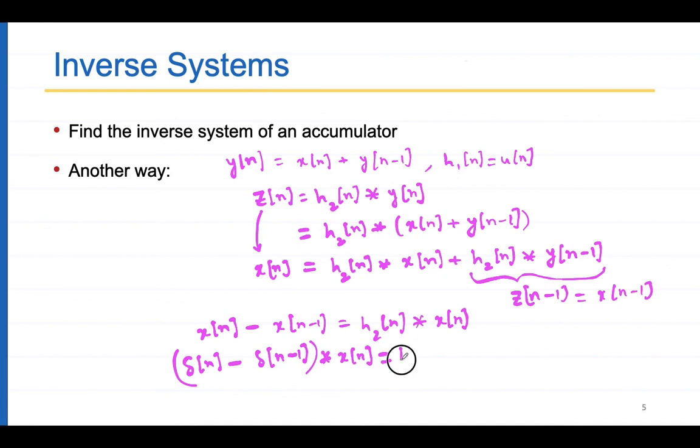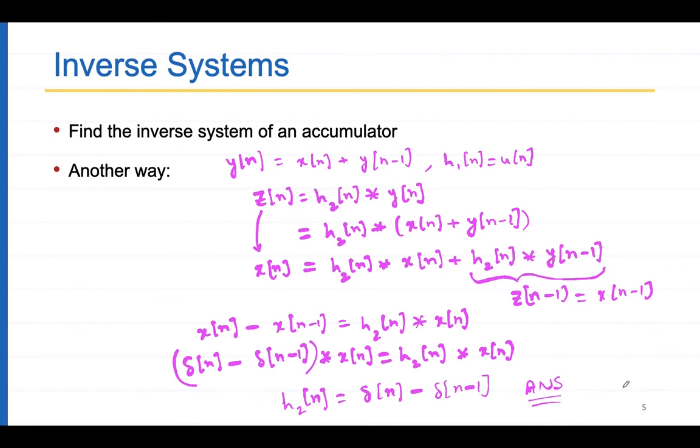This is equal to h2 of n convolved with x of n. Now you can clearly see that h2 of n is equal to delta of n minus delta of n minus 1. This is your answer. So now we have used a more principled way to derive the same result.